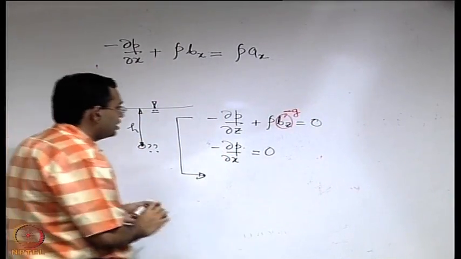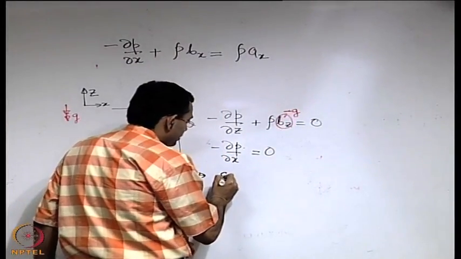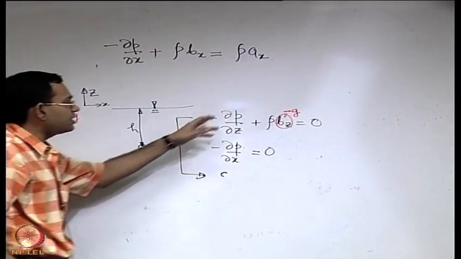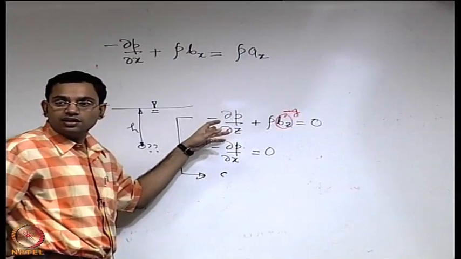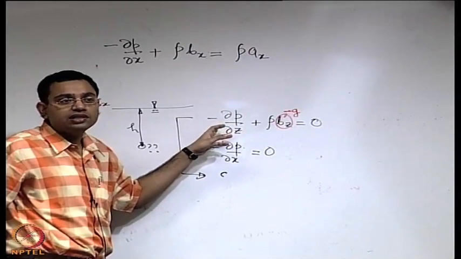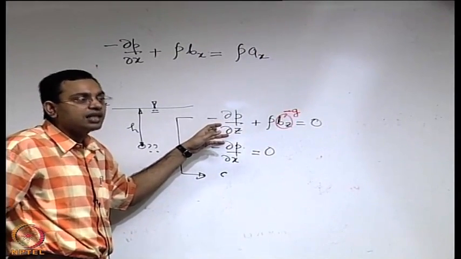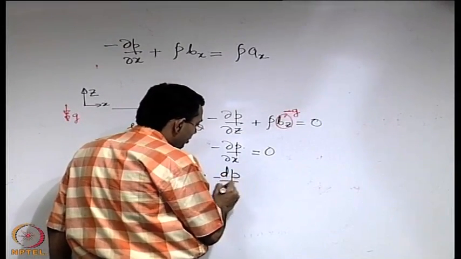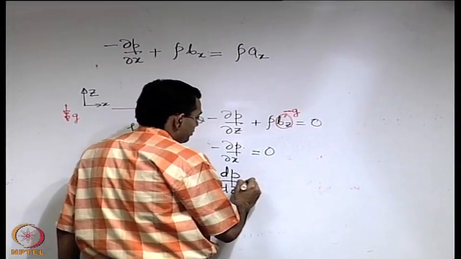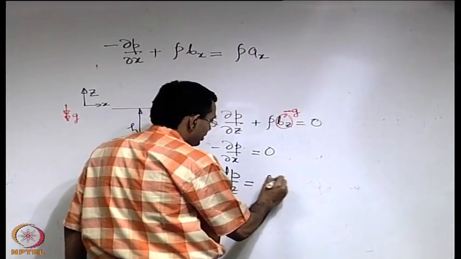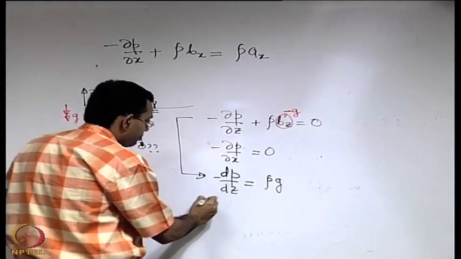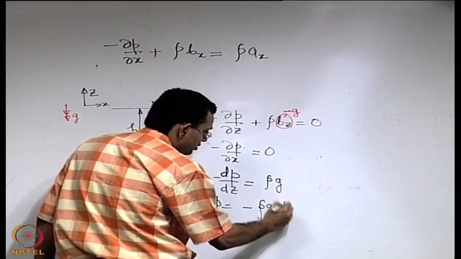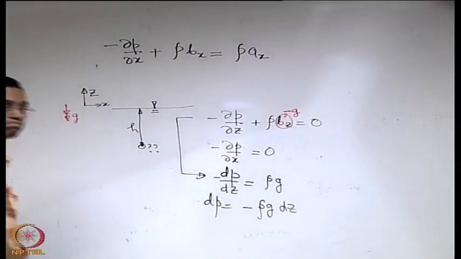So you have from this, and since pressure is not varying with x, you can write this as dp dz in place of partial derivative, because it is now just a function of a single variable. So you can write this as minus dp dz is equal to rho g. So dp is minus rho g dz.